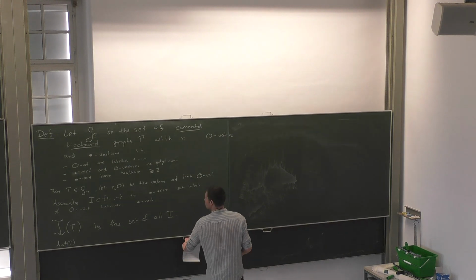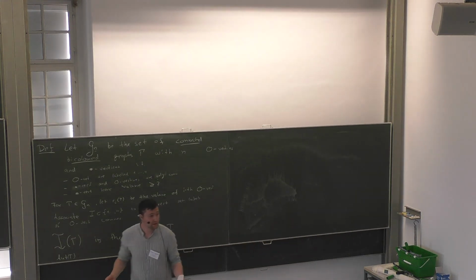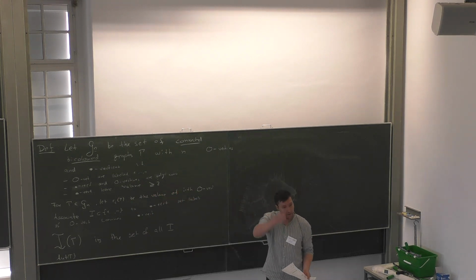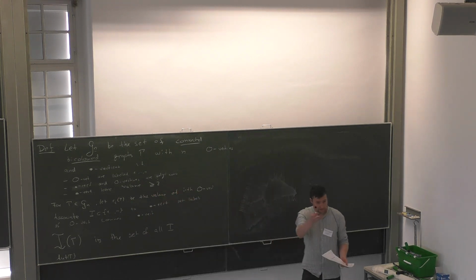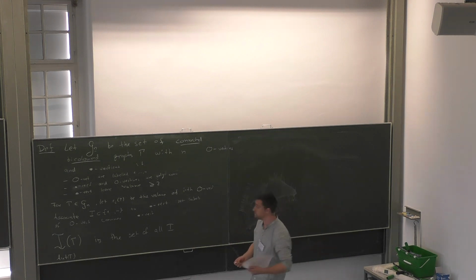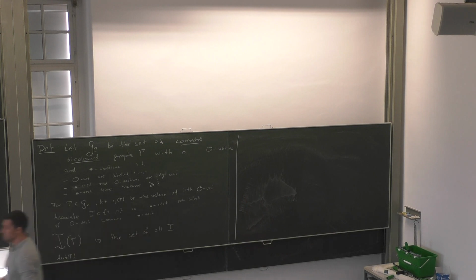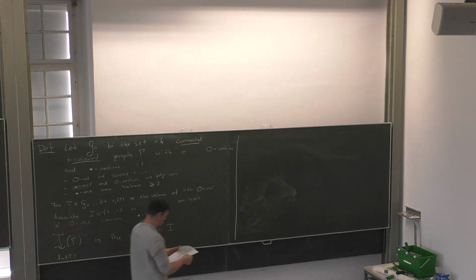We can have loops, etc. So this set G_n is not finite; it's an infinite set. But if we restrict to a Betti number, we heard it yesterday, to a number of loops, then it's a finite set. Let's look at the first examples, and we also associate the set I to the black vertices.